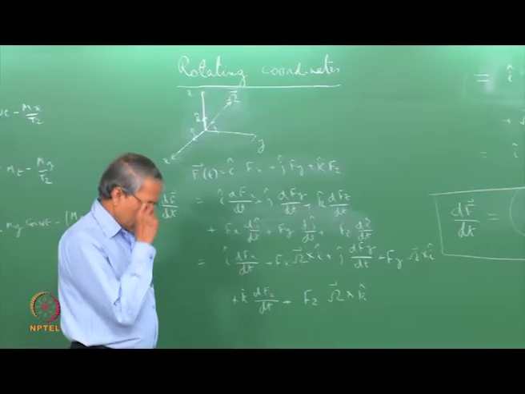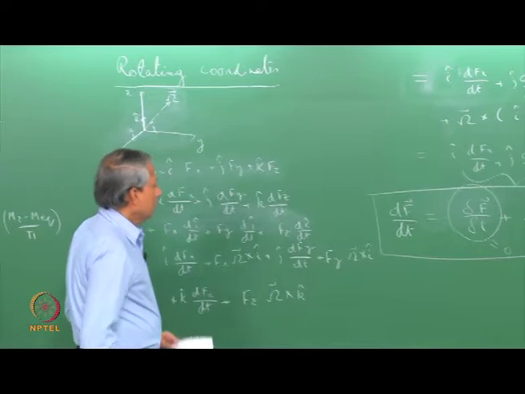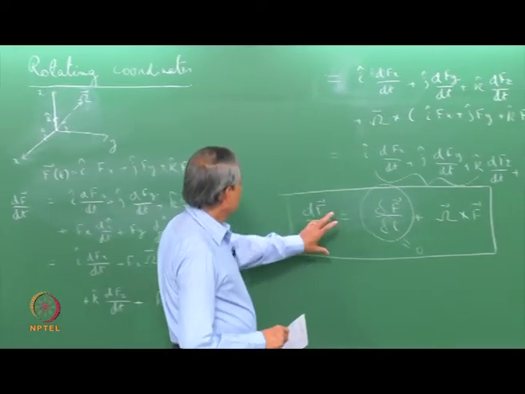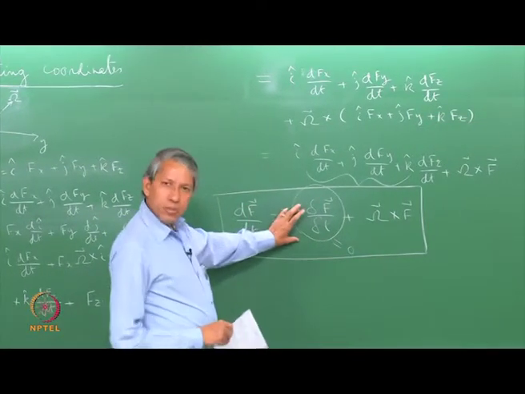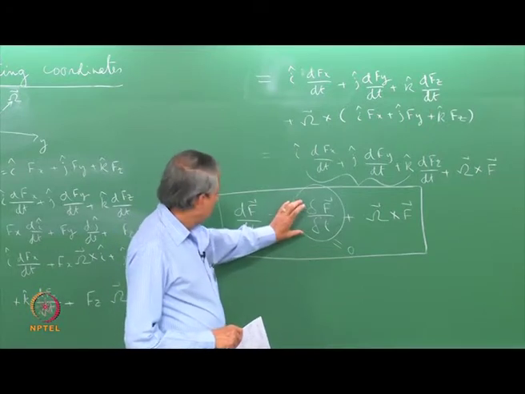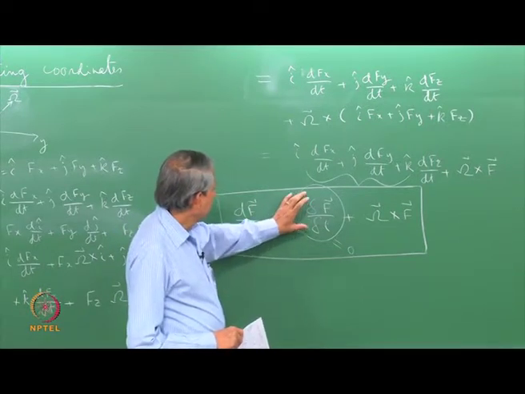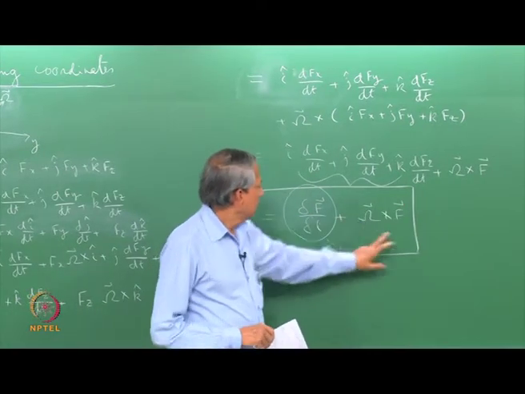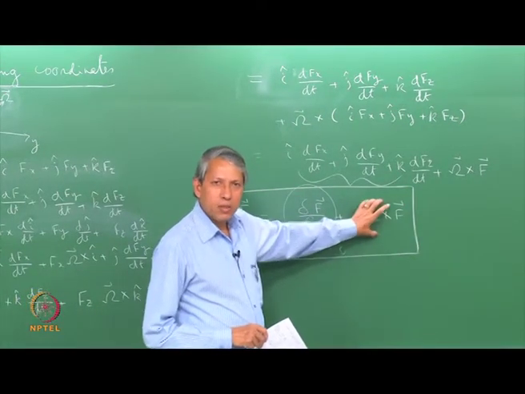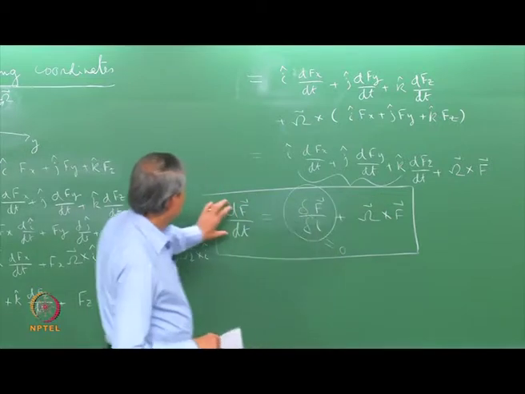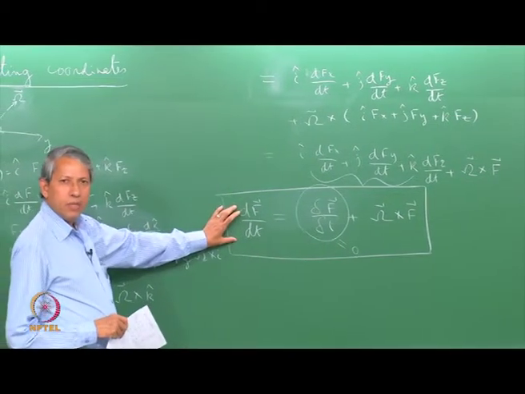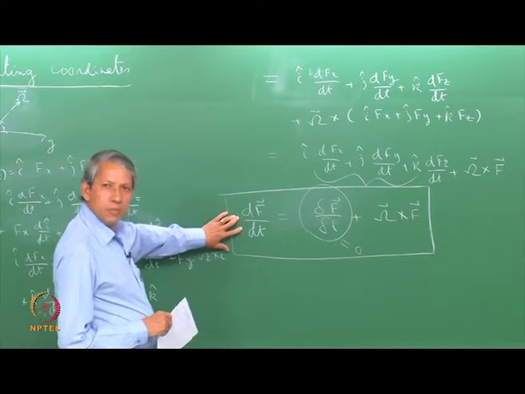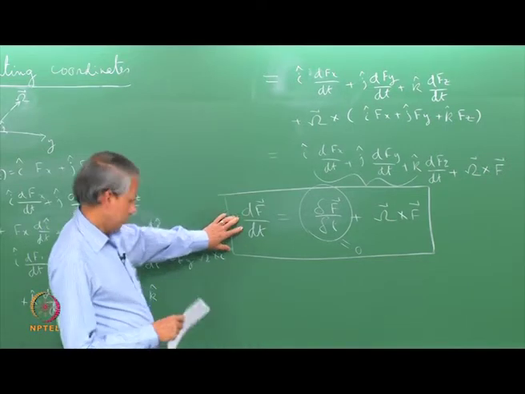Another way to look at it is that if I want to know the time derivative with respect to a rotating coordinate system, that derivative plus this vector product together gives the time derivative with respect to the space fixed coordinate.